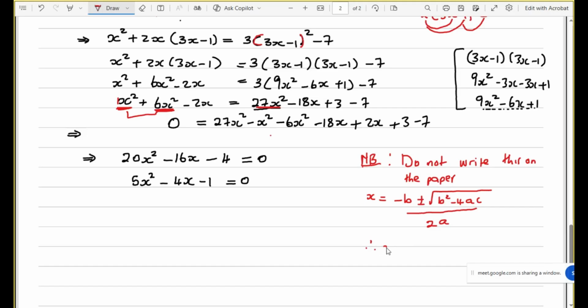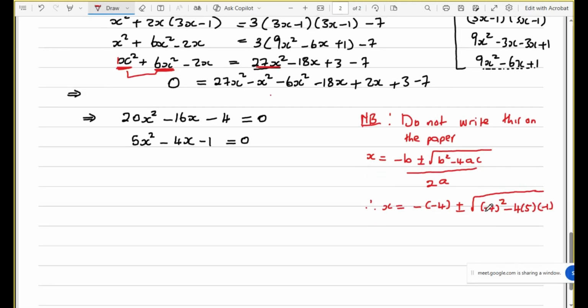Therefore, x is minus b, which is minus 4, plus or minus the root of b squared minus 4 into a, which is 5, times c, which is minus 1, and then close the bracket, divide everything by 2 into a, which is 5.